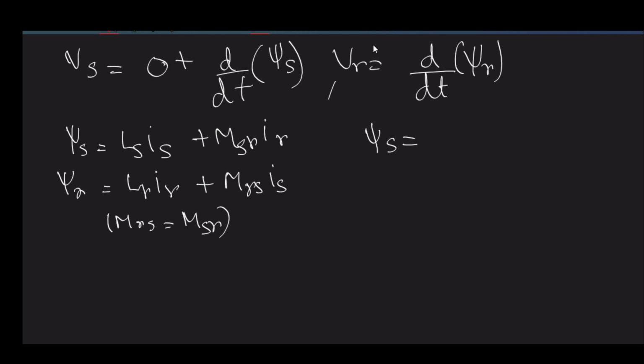Psi s will be how much? Psi s will be 0.6 plus 0.2 cos 2 theta r, that is for your Ls, and what is is? Is, we know, the rotor speed is given for the value of current given in part A1.